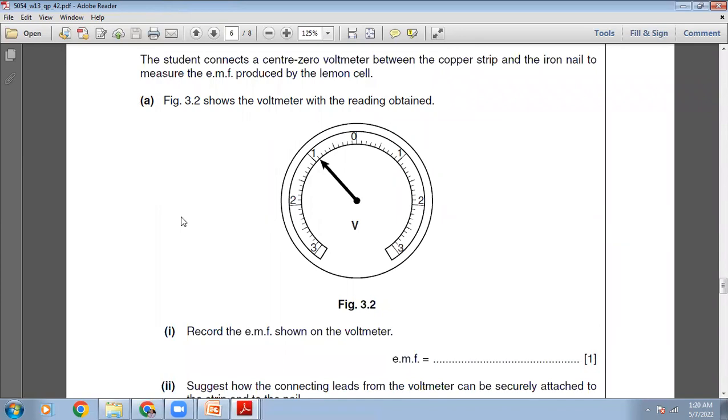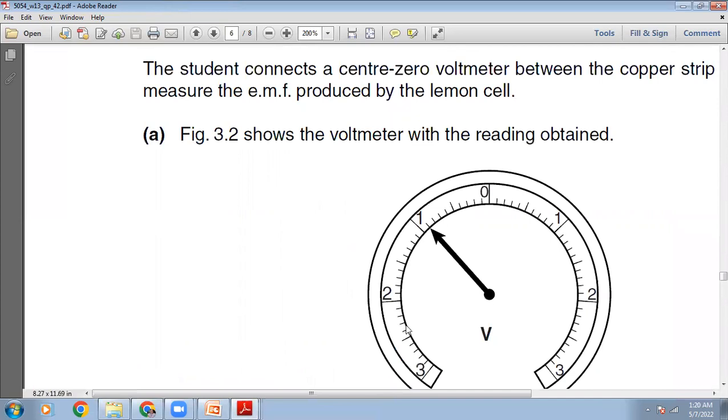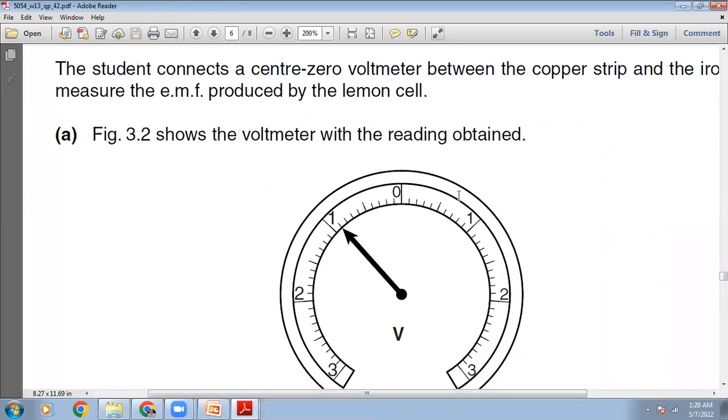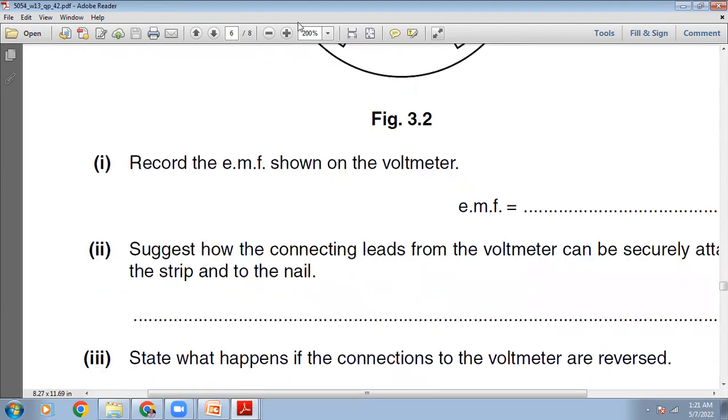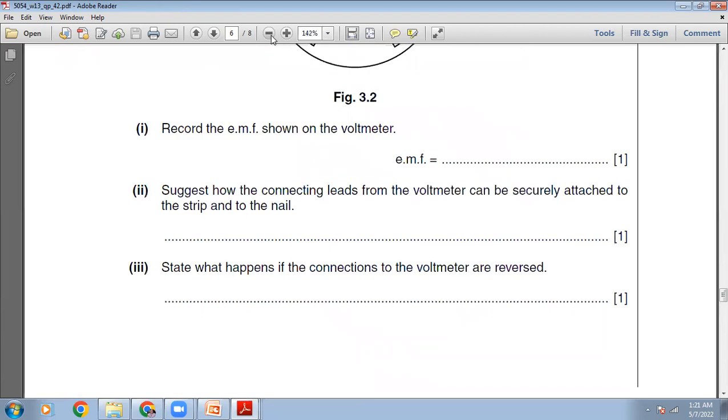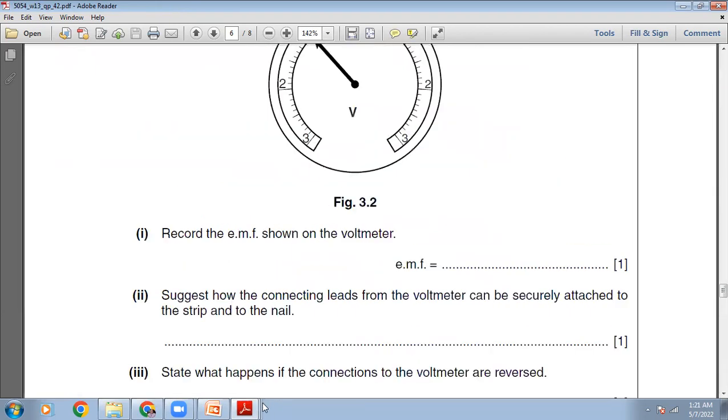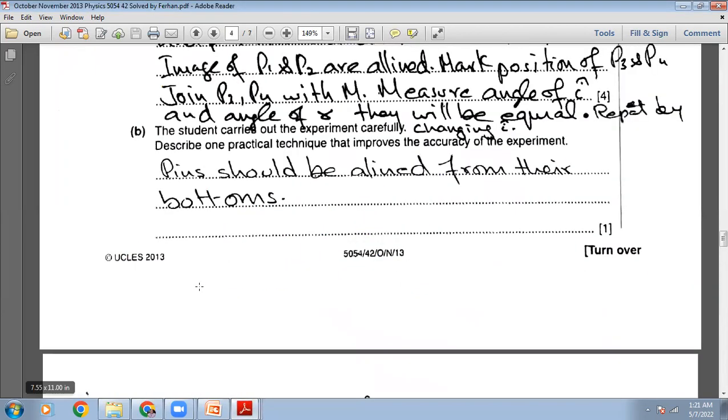Record the EMF shown on the voltmeter. How much is this reading? Let's check. The reading is 0.9 volt to the left side. Okay, so we have to note down that the reading is 0.9 volt.